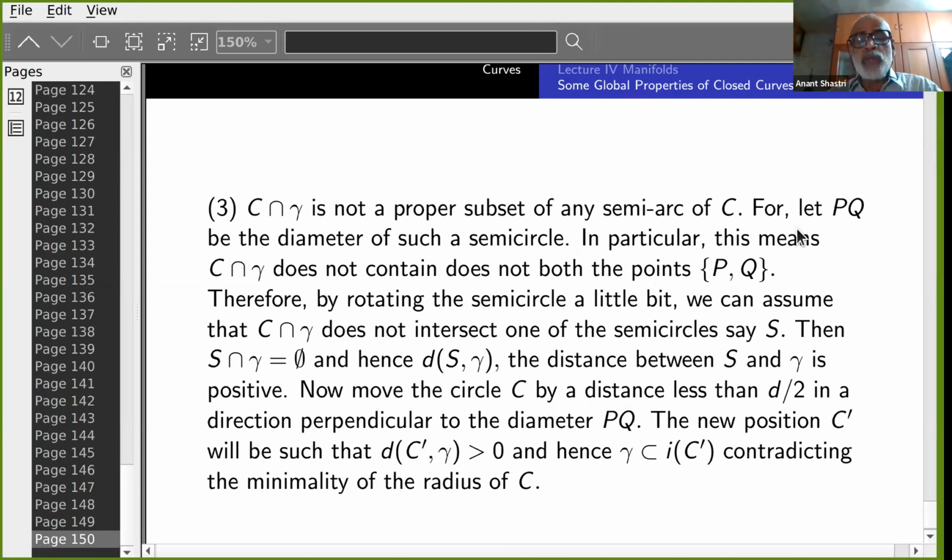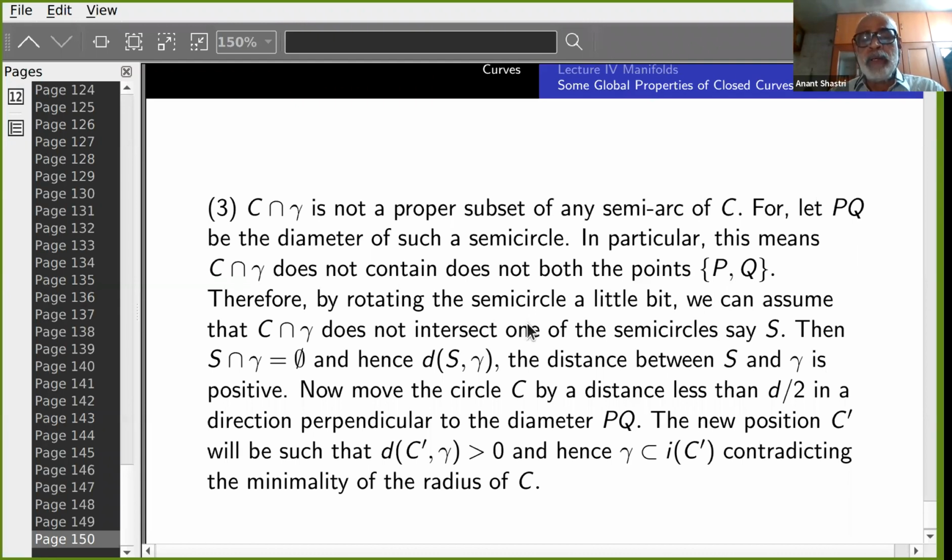Suppose this happens, let PQ be the diameter of such a semicircle. In particular, this means that C intersection gamma does not contain both the points of PQ. If it contains both the points, then it is a full arc you have taken, right? So at least one of the points is not there. Therefore, you can slightly rotate this, slightly move PQ up or down.